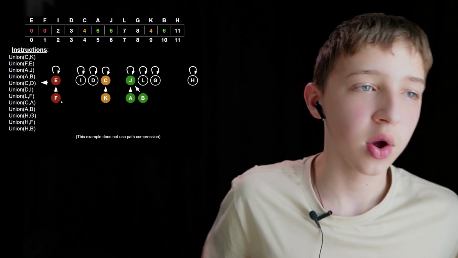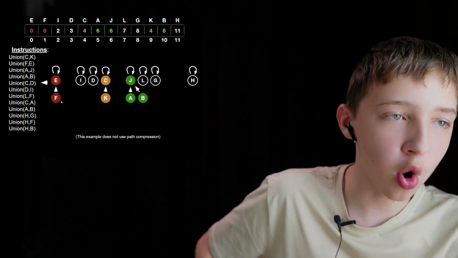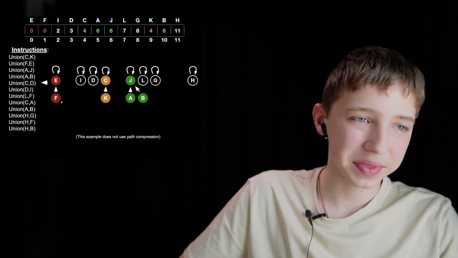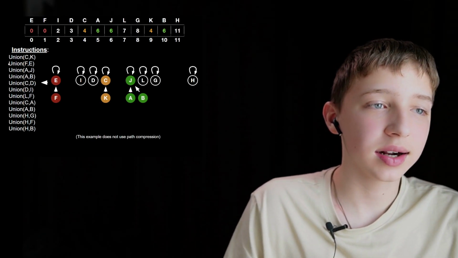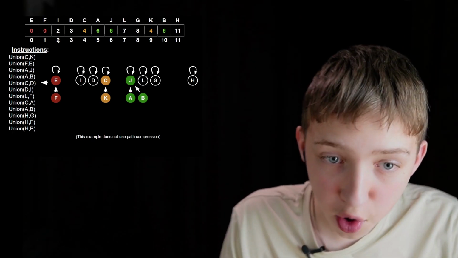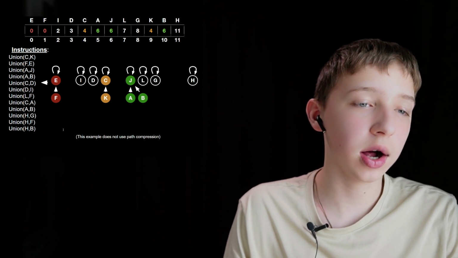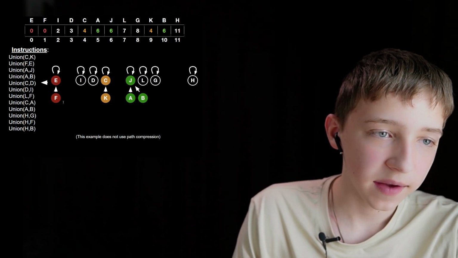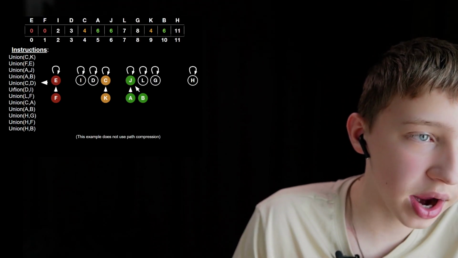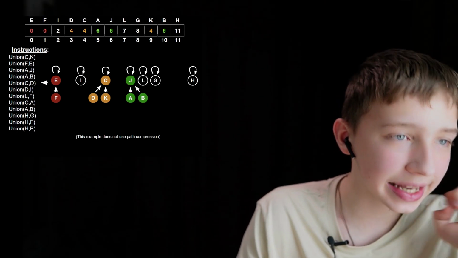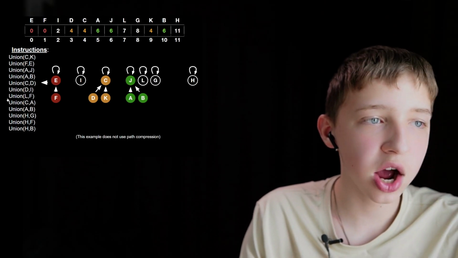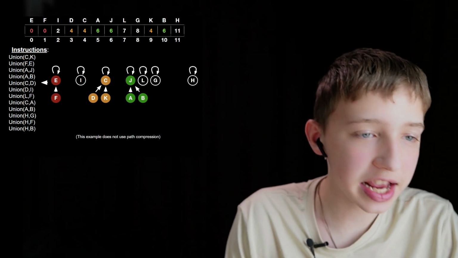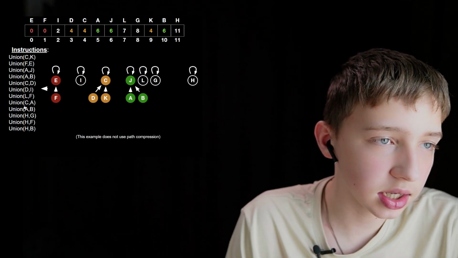We don't want to add the orange group to D. However, we want D to become a part of the orange group, not the opposite. So in this way, we are assigning D to C, and now D is a child node of C.